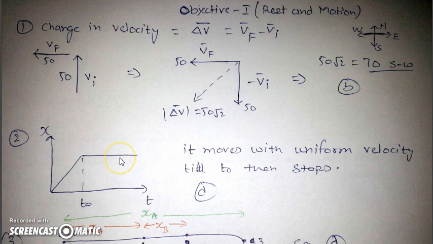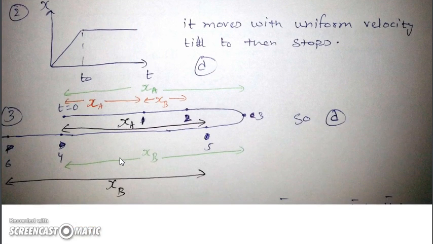Basically, here it is given that the particle is retarding initially. So let's say it starts at t equal to 0 towards the right, and the acceleration is towards the left.